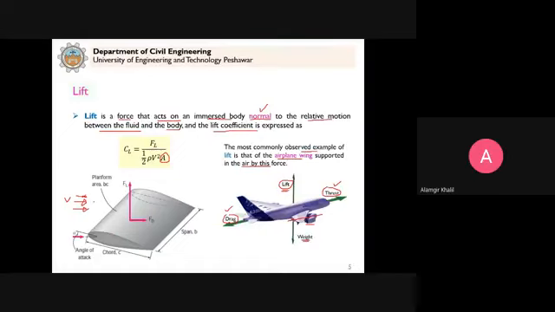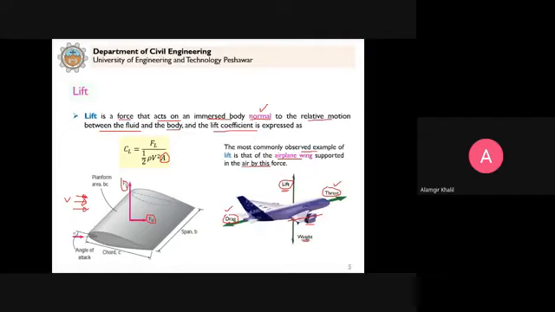When the fluid approaches and flows past this object, these two forces are developed: the drag force, denoted by Fd, and the lift force, acting perpendicular to the direction of relative motion between the fluid and the body.